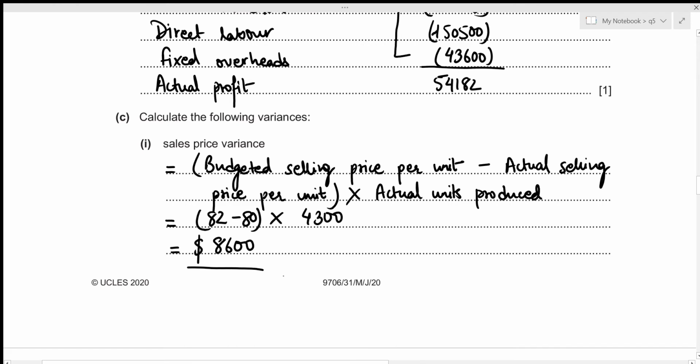So this is not a favorable condition, because clearly if our actual selling price was equal to or even greater than the budgeted selling price, then that would get us a higher value for the sales, right? But since our actual selling price is less than the budgeted selling price, the total sales value we are receiving is 8,600 lower, right? So this is not a favorable condition, which means that this would be an adverse condition.